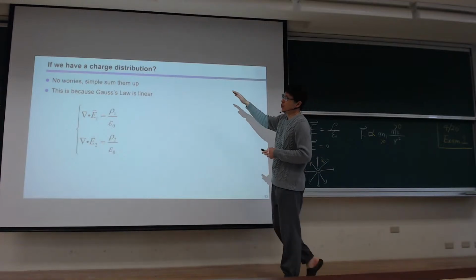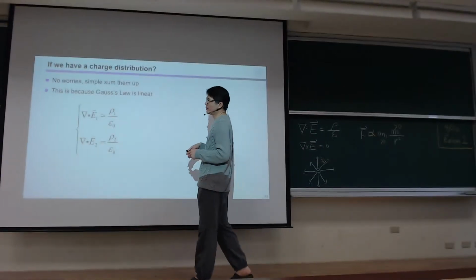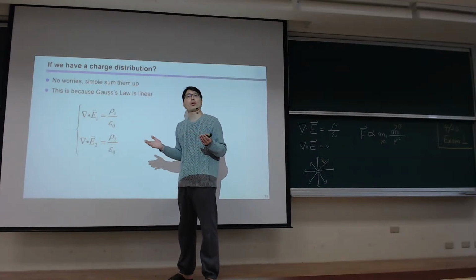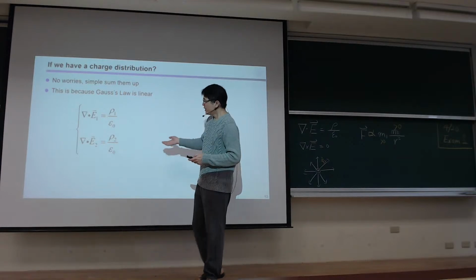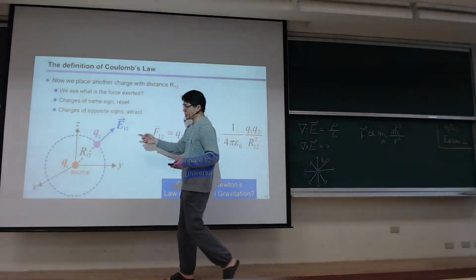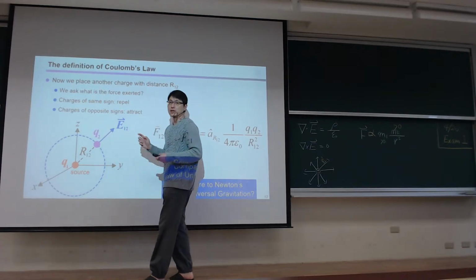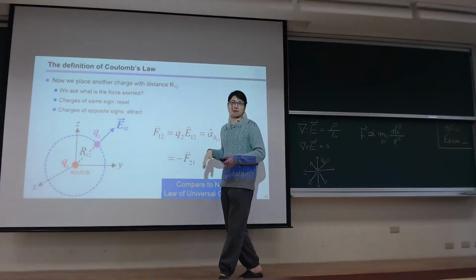Now, what happens when the charge distribution becomes more complicated and even continuous? In the previous case, we only considered two discrete charges. You can easily write your formulation.